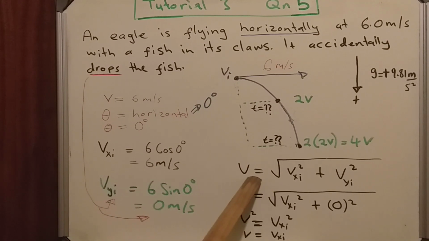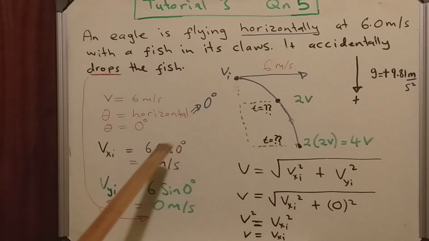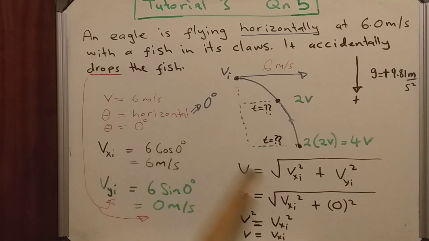So here our v is equal to the square root of the x component squared plus the y component squared. Our x component is that one, and our y component is 0, the sine. If you square both sides, we'll be left with the inside, which implies that v is equal to Vxi.